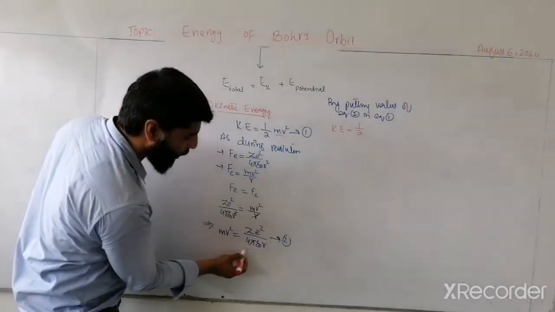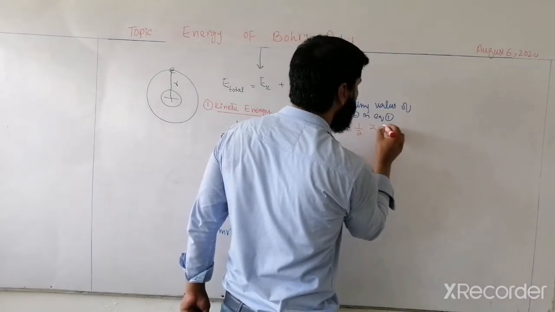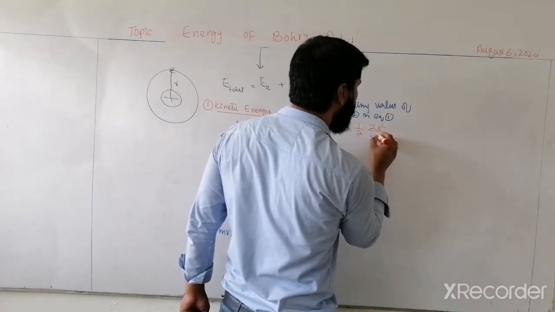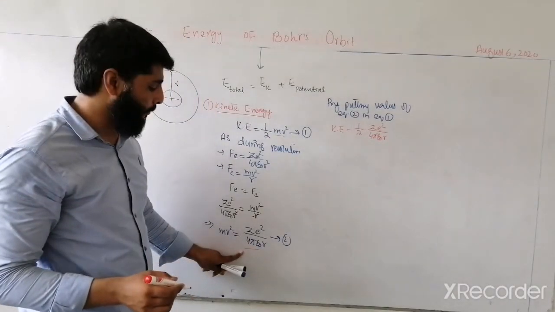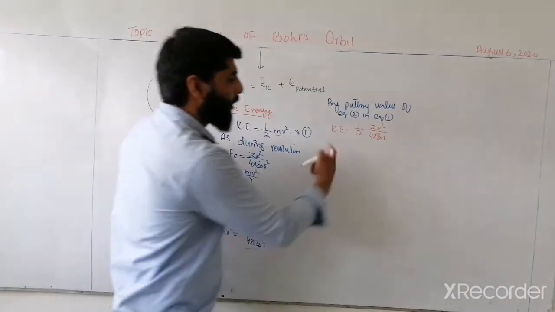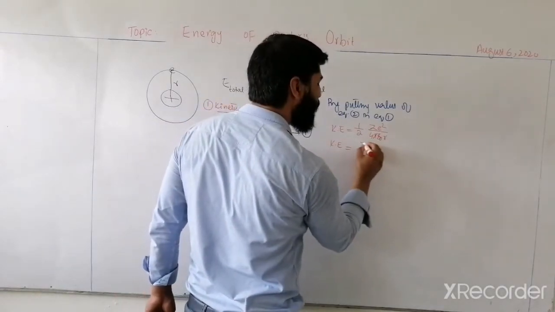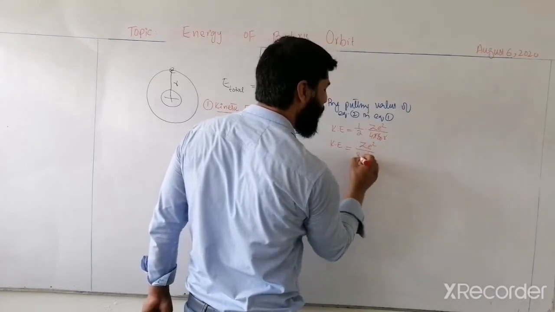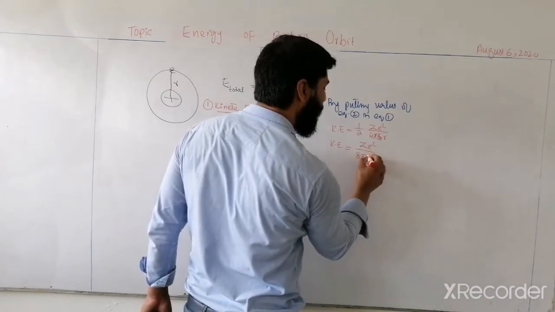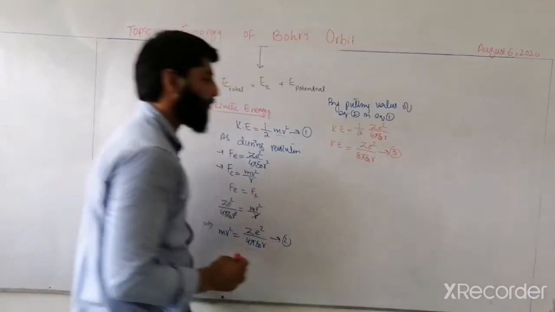We can put it here as Ze square divided by 4 pi epsilon naught r, the value of mv square. Now upon simplifying, kinetic energy will be equal to Ze square divided by 4 2s are 8 pi epsilon naught r. This is equation number 3.